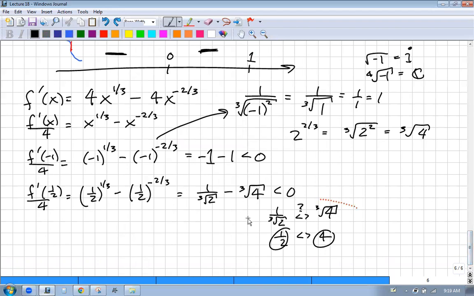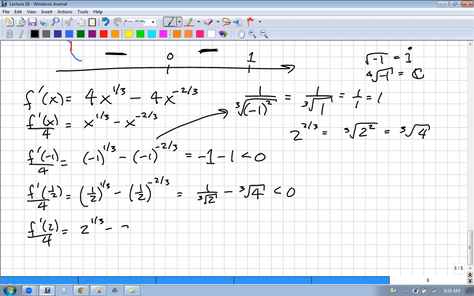So f prime of 2 divided by 4 is 2 to the 1/3 minus 2 to the negative 2/3. This is the cube root of 2 minus 1 over the cube root of 2 squared. All right, this is the cube root of 2 minus 1 over the cube root of 4.